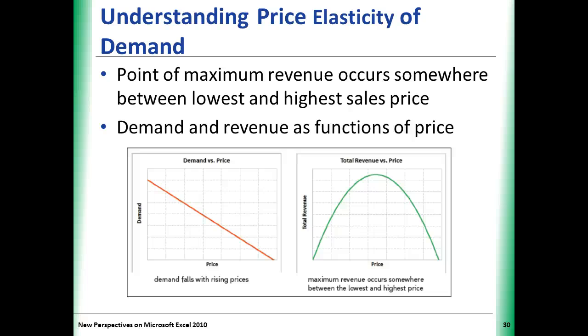So if we see this chart up here on the screen, this is total revenue by price. If I price it here, this is going to be my total revenue. If I price it here, there's not going to be any demand because it's too expensive. So we want to find that point where we maximize revenue.